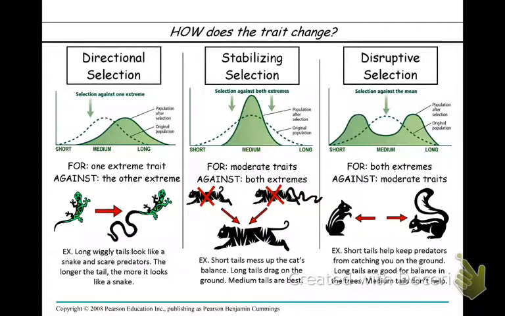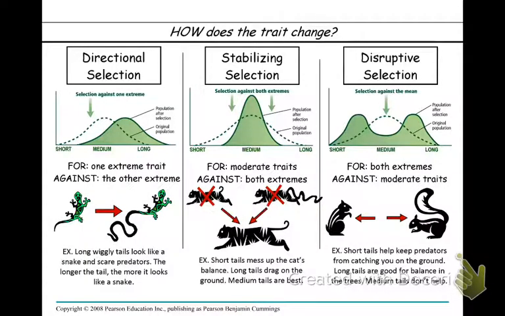Now, from one extreme trait, it can go to the other extreme trait. So it selects one kind and totally rejects the other kind. For example, if there are lizards with short tails and long wiggly tails which look like a snake, that seems to scare the predators.